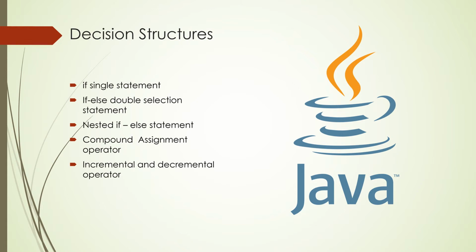Today I'm going to talk about decision structures, especially if as a single statement, if-else as a double selection statement, nested if, some assignment operators, and incremental and decremental operators.